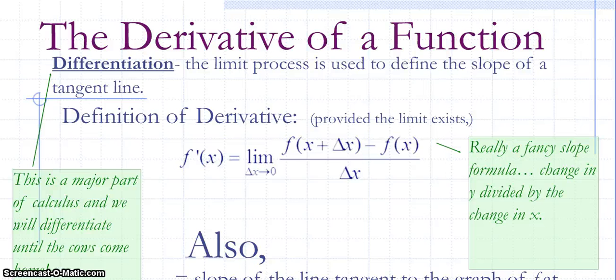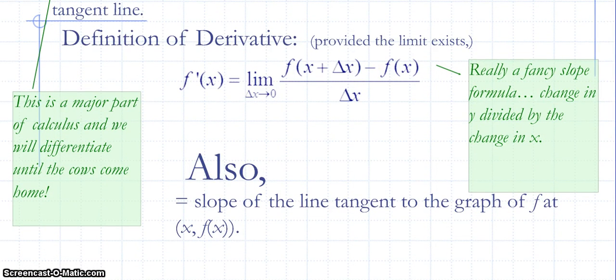So the derivative of a function, this is a major part of calculus, and we'll differentiate until the cows come home. Differentiation: the limit process is used to define the slope of a tangent line. That's what differentiation is for. So it allows us to find the slope of a tangent line. Provided the limit exists, we can say f, with this little notation here that we call prime.